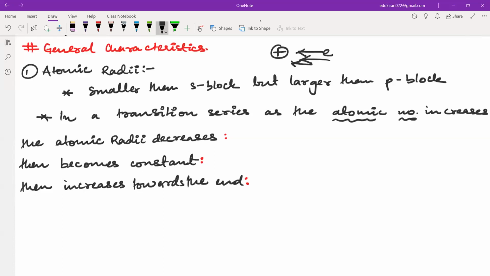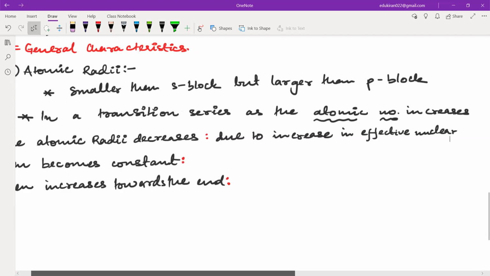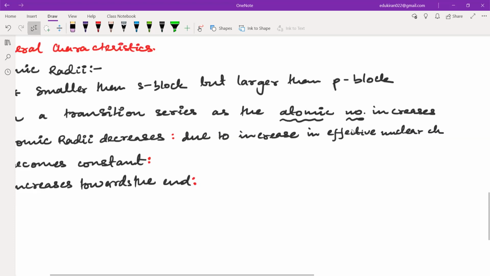So initially it decreases due to increase in Z effective, the effective nuclear charge. Okay, first reason is this.